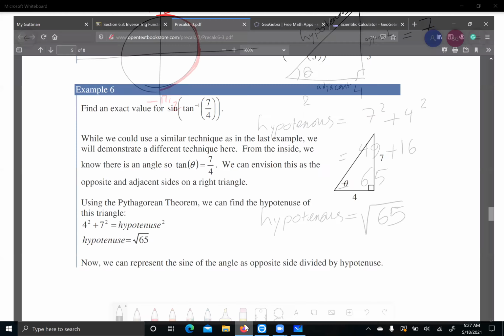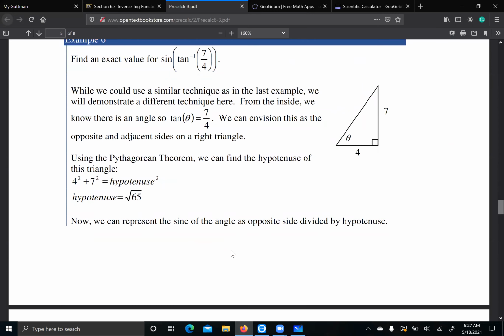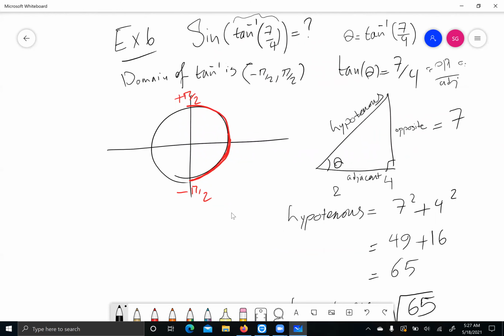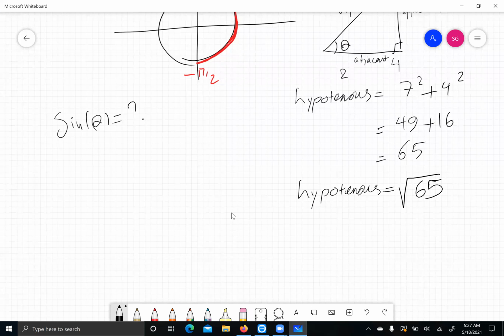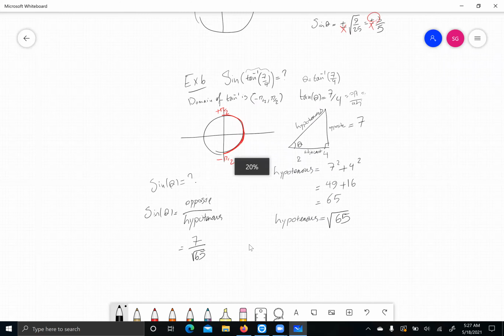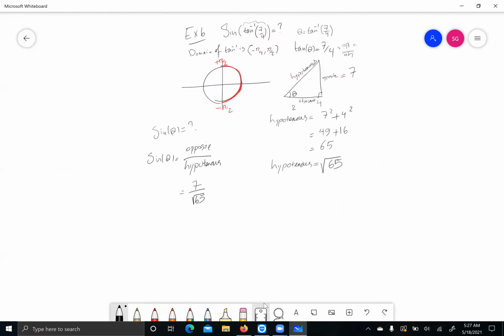Now from here we can find sine, because the question is what is sine of theta. Sine of theta is defined as opposite side divided by hypotenuse. So it's going to be opposite, which is 7, divided by square root of 65. Okay, so that's the big picture of this question.